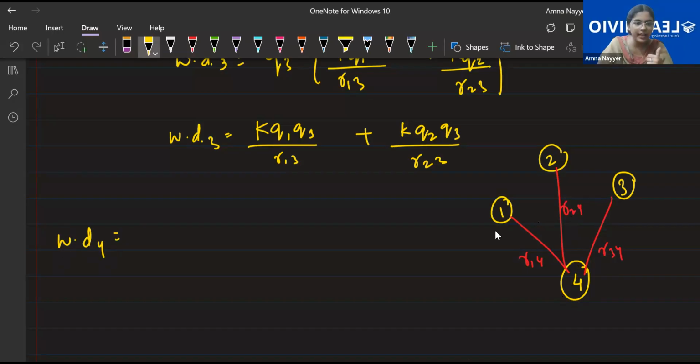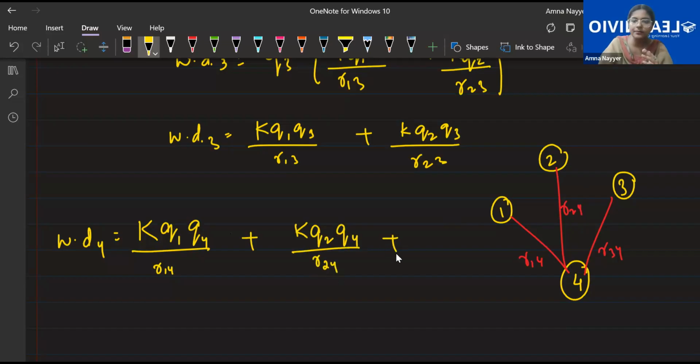With the first one, general formula is K Q1 Q2 by R, so it will be K Q1 Q4 by R14, plus due to the second, K Q2 Q4 by R24, plus between these two, 3 and 4, K Q3 Q4 by R34, like this.